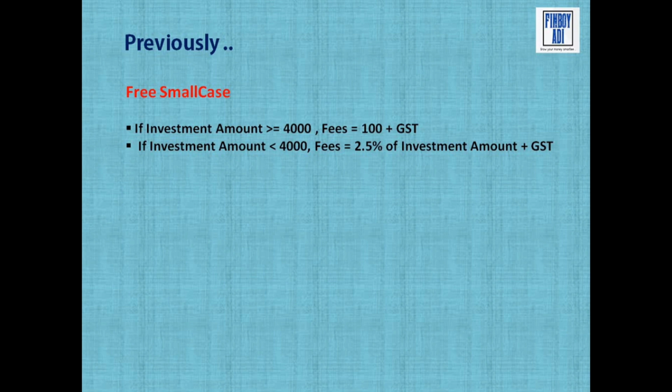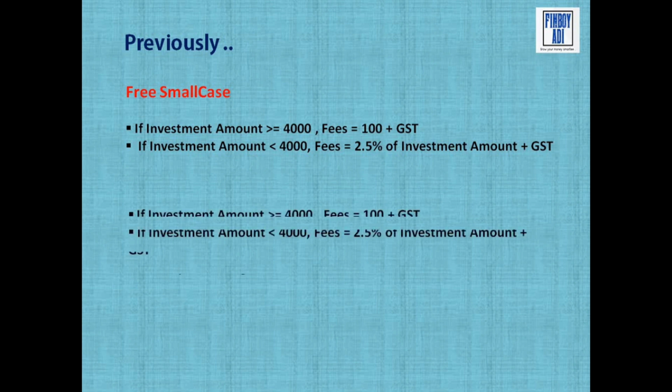Similarly, if your investment amount is less than 4,000, then you have to pay 2.5% of your investment amount. So if your investment amount is 1,000 rupees, you have to pay 25 rupees plus GST. That is the current structure, and for paid you have to pay this one-time fee plus your subscription charges from your research group.